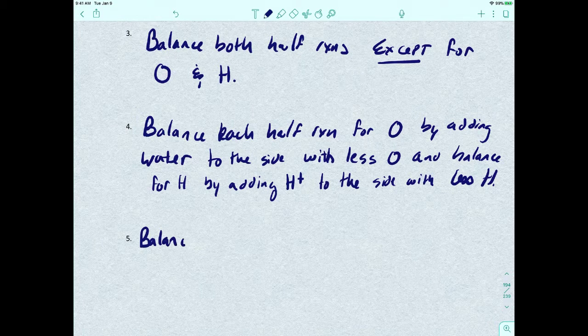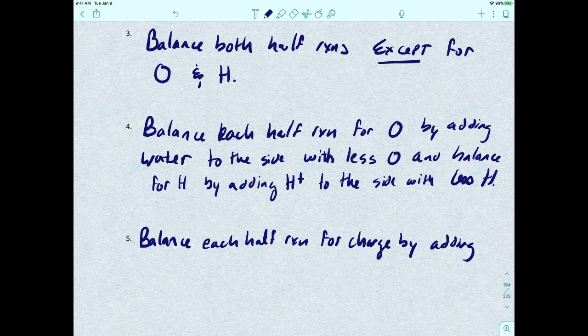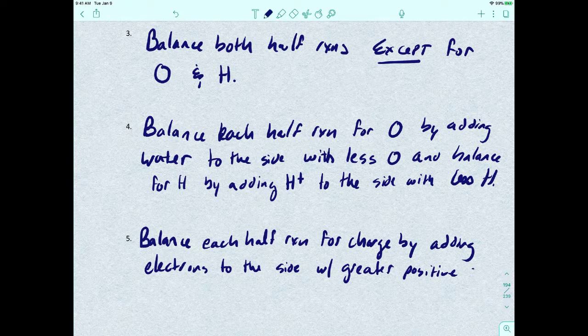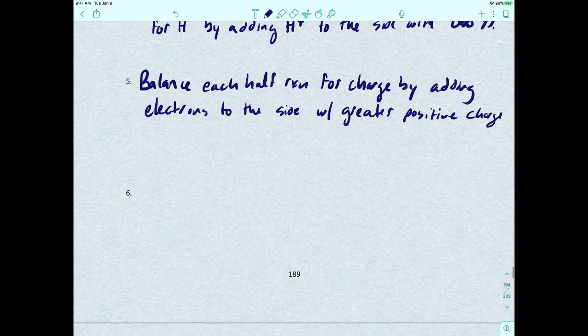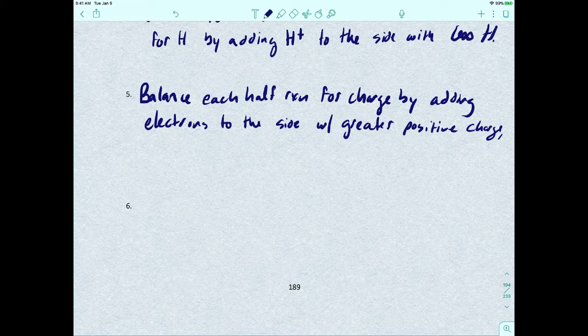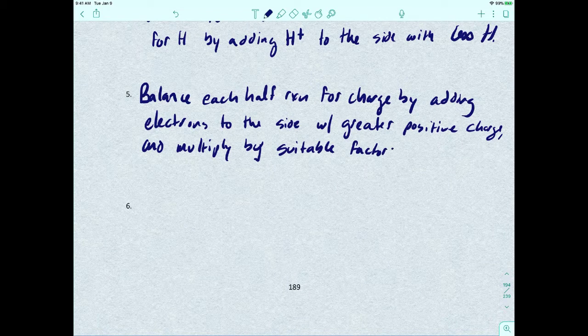Step 5. Balance each half reaction for charge by adding electrons to the side with greater positive charge, and multiply by suitable factors to make the same number of electrons in both half reactions.